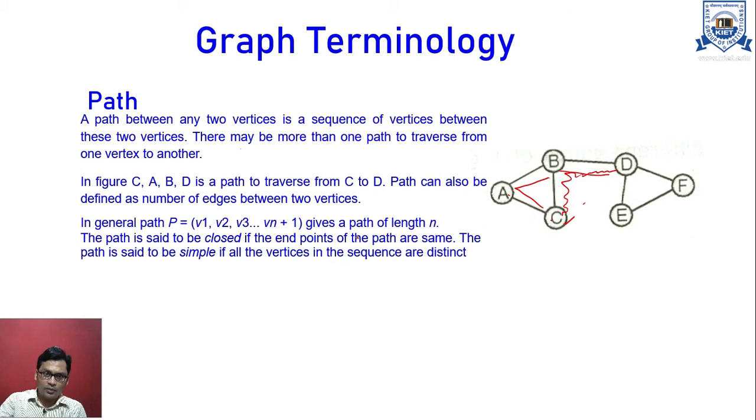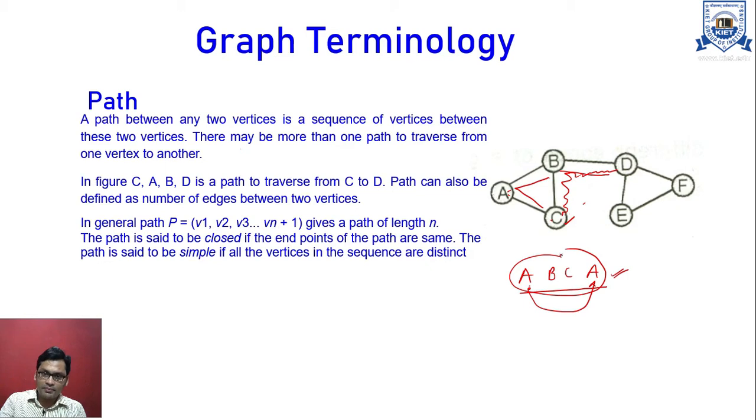Another point is this. A path is said to be closed if the end points of the path are the same. Suppose this is A, B, C, A. This is also a path, but this is a closed path because the starting point and the end point are the same. A and A are the same. This is the closed path.